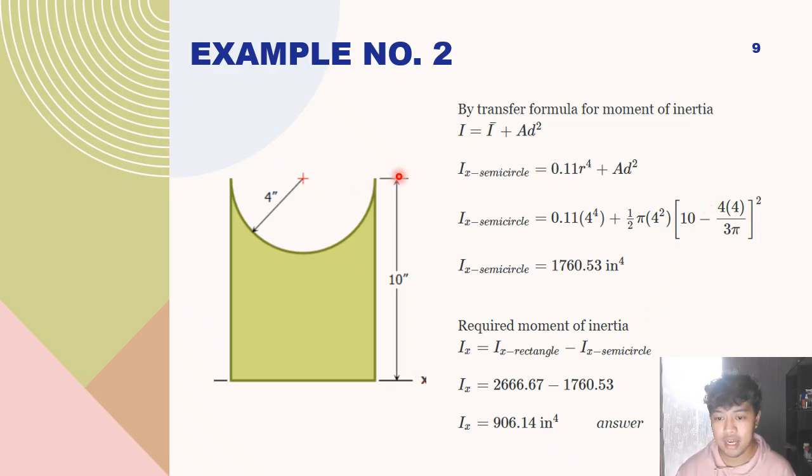Let's say the centroid is here. We all know that that is 4r over 3 pi.